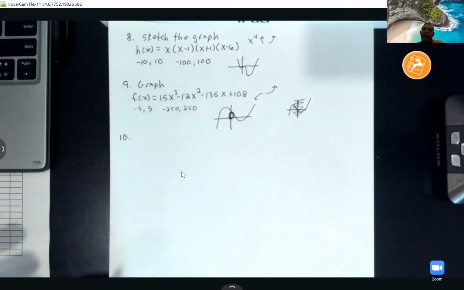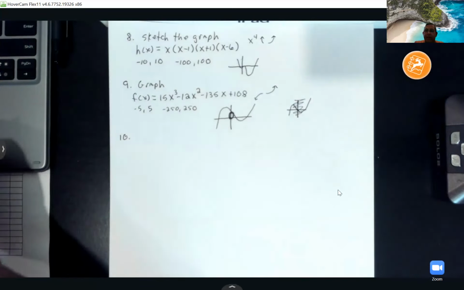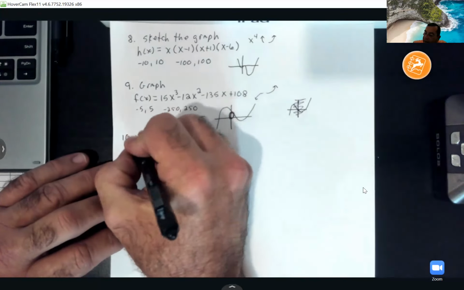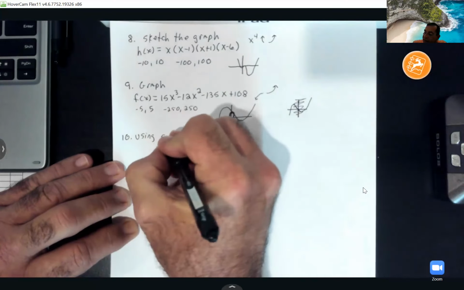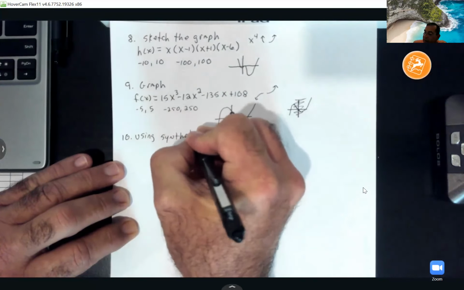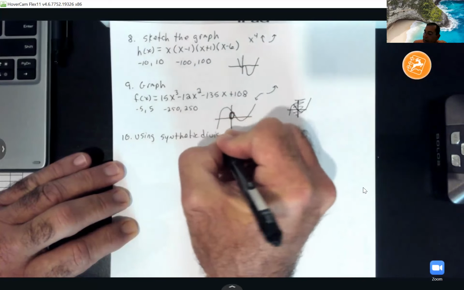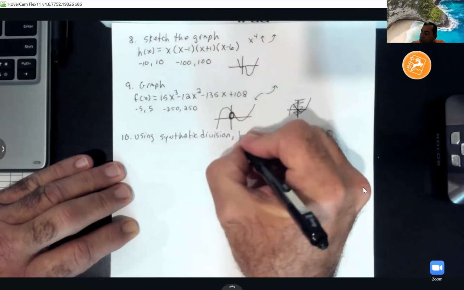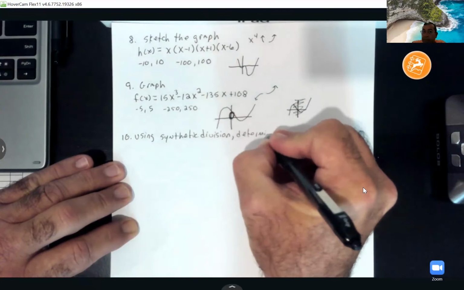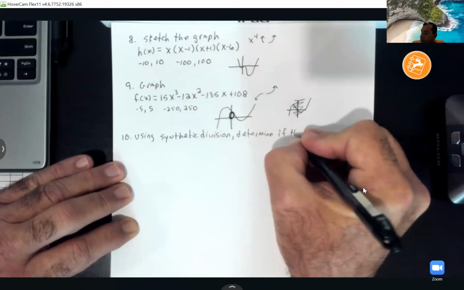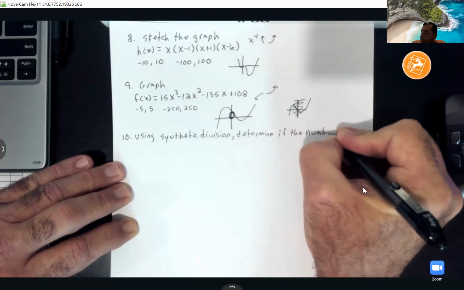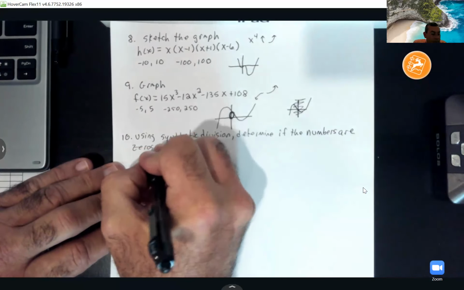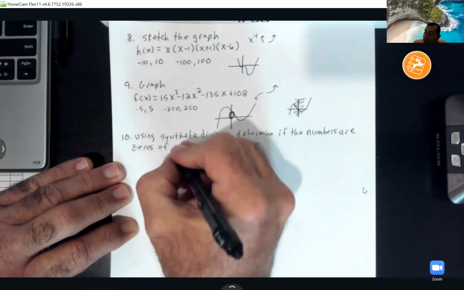All right, y'all, then we start getting into a little synthetic division. So starting in that 8.4 section here. So for number 10, using synthetic division, determine if the numbers are zeros of the polynomial.